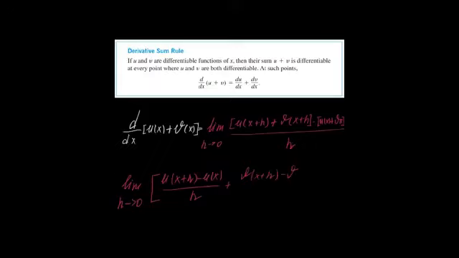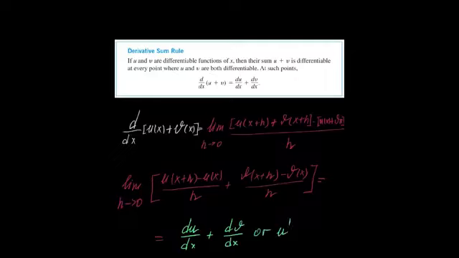This equals the limit as h approaches 0 of u of x plus h minus u of x over h plus v of x plus h minus v of x over h, which simplifies to the limit as h approaches 0 of u of x plus h minus u of x over h, plus the limit as h approaches 0 of v of x plus h minus v of x over h. This is equal to the derivative of u with respect to x plus the derivative of v with respect to x.